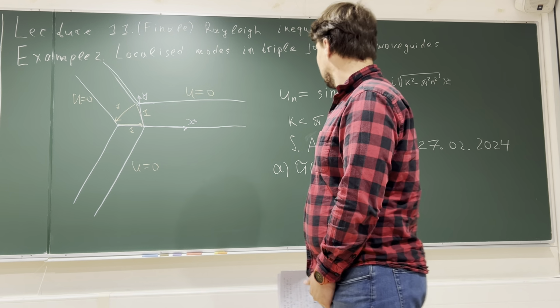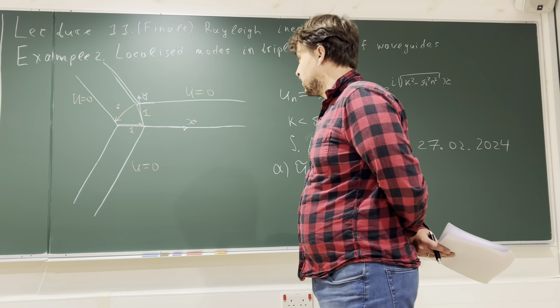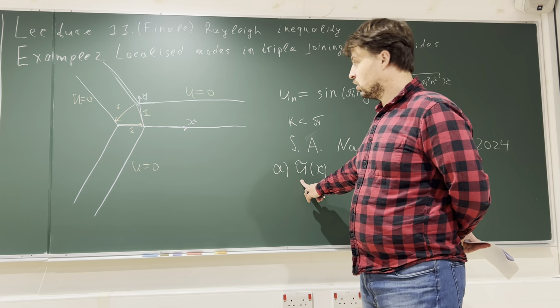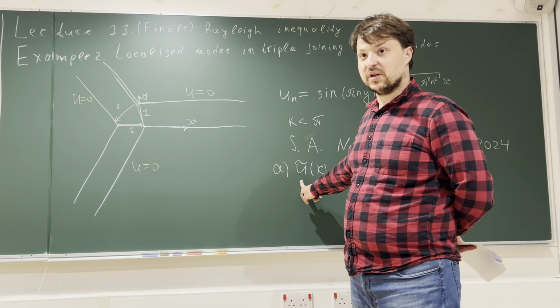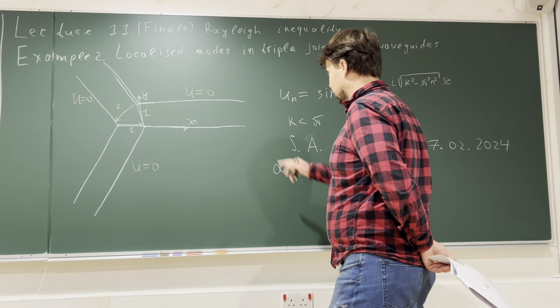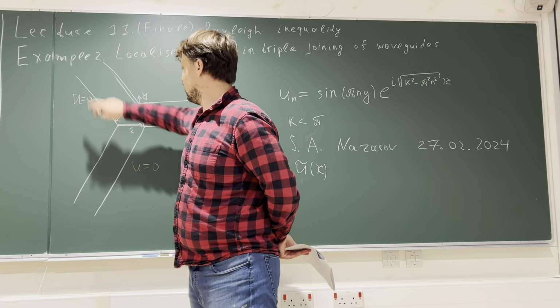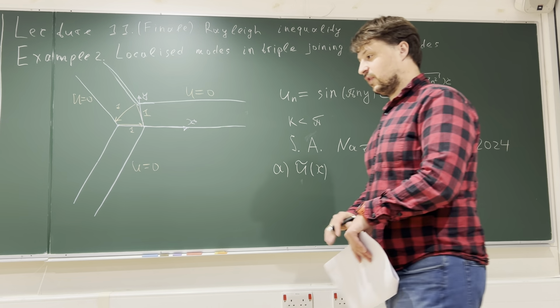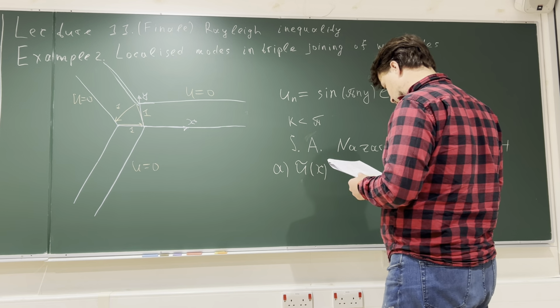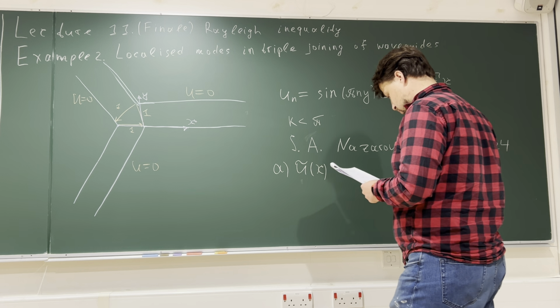So now we need some kind of radiation condition, and of course our test function should decay exponentially at infinity. We will try to build it so that it decays here, here, and here.